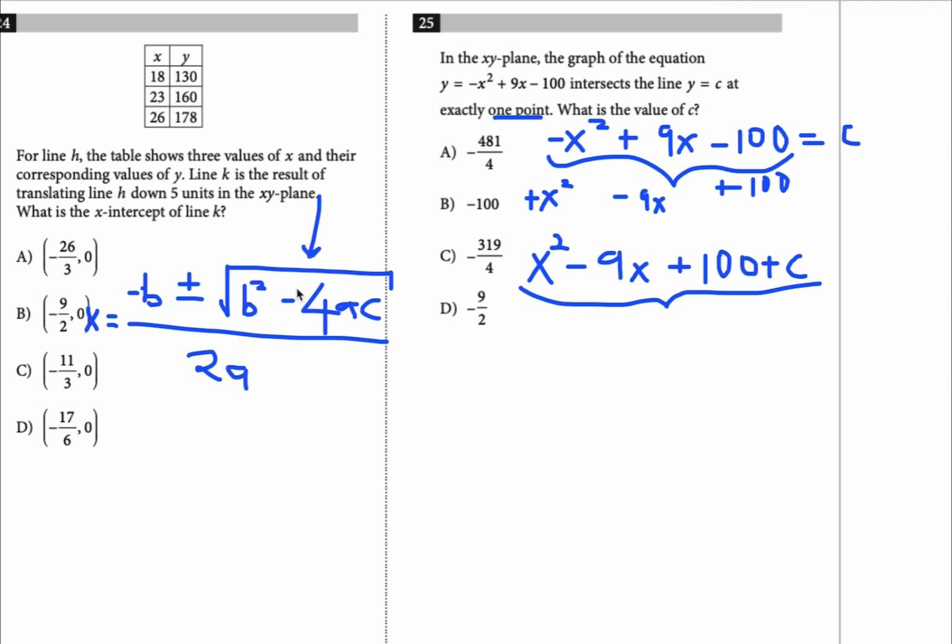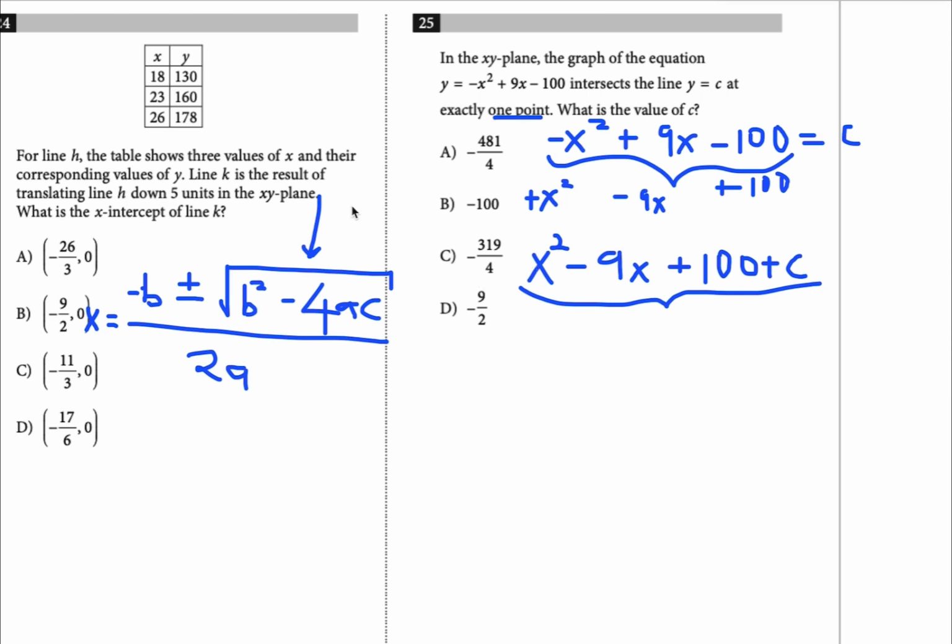If the discriminant turns out to be negative, then you're going to have non-real, or imaginary, solutions. And if the discriminant turns out to be 0, then negative b plus or minus 0 is still negative b, meaning that the x value would be the same either way.